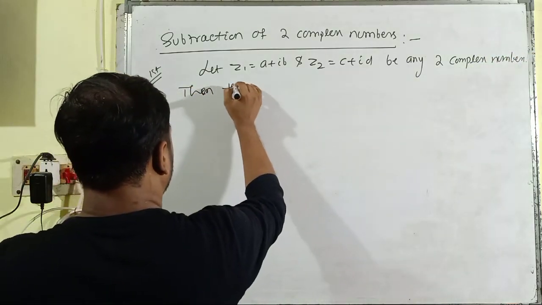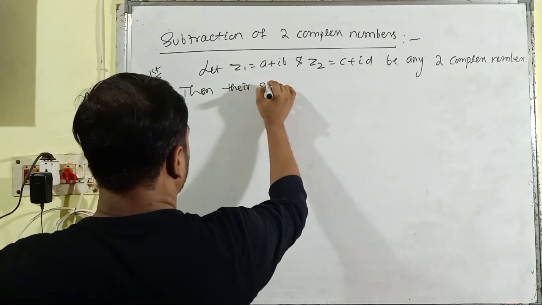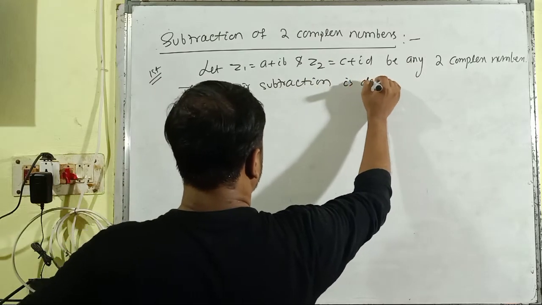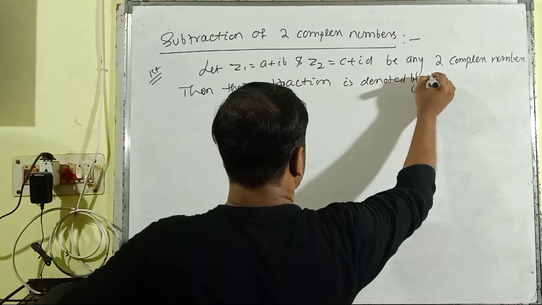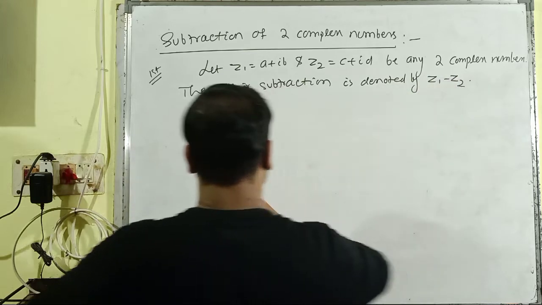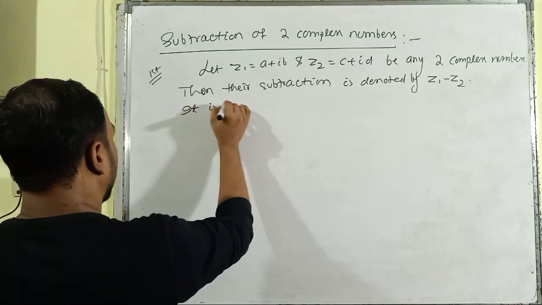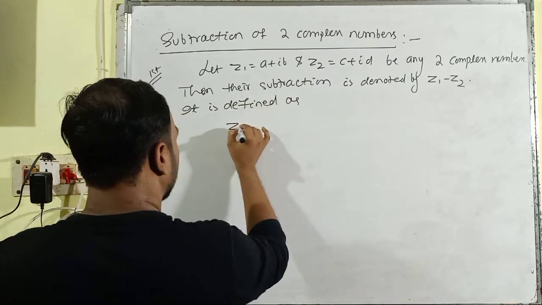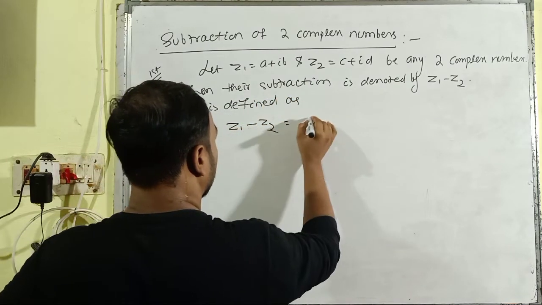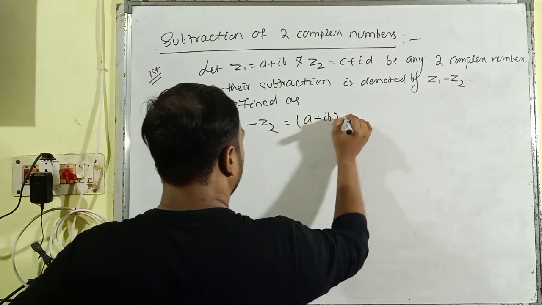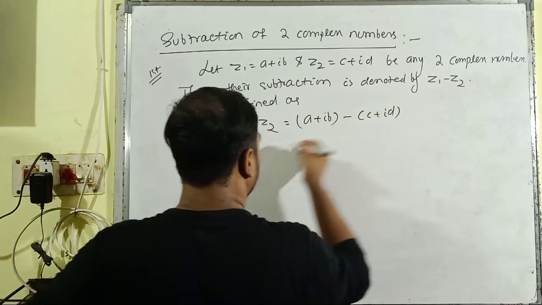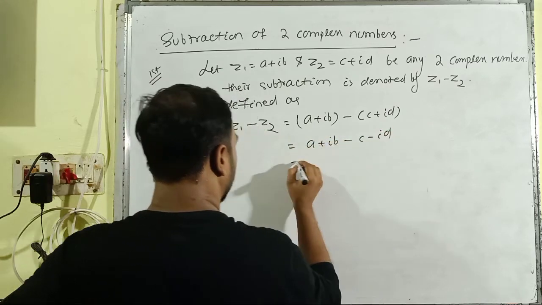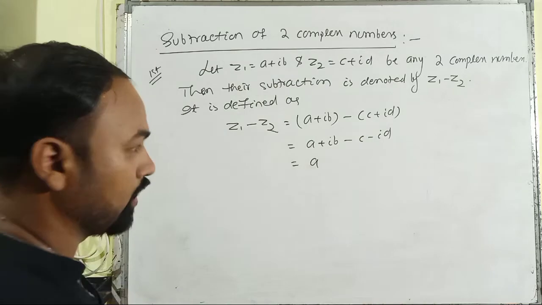Then their subtraction is denoted by z1 minus z2. It is defined as z1 minus z2 is equal to a plus ib minus c plus id, and then this is a plus ib minus c minus id. Okay.